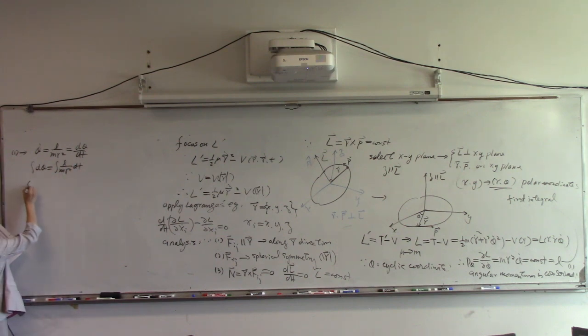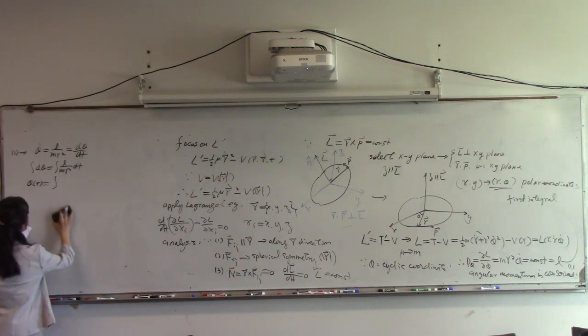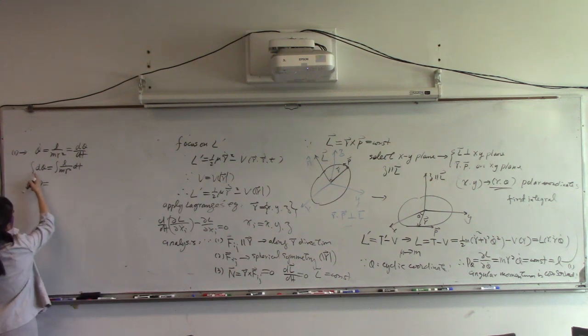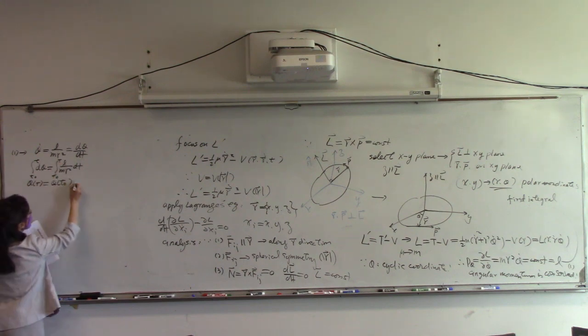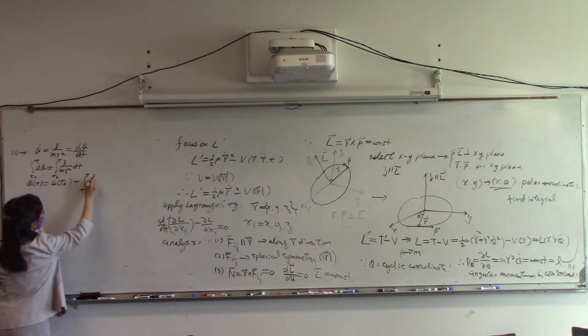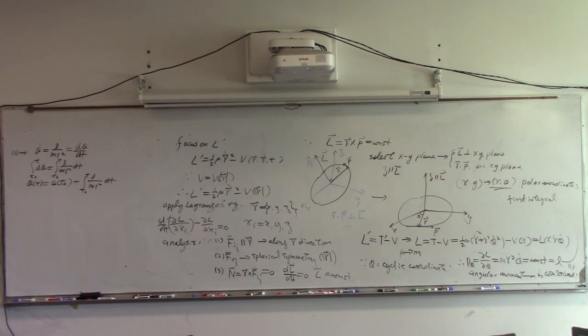So theta is a function of time: theta of t minus theta naught, integrated from t naught to t, is equal to the integral from t naught to t of L over m r squared dt. Looks like very easily we can get this solution. The question is, yes or no?